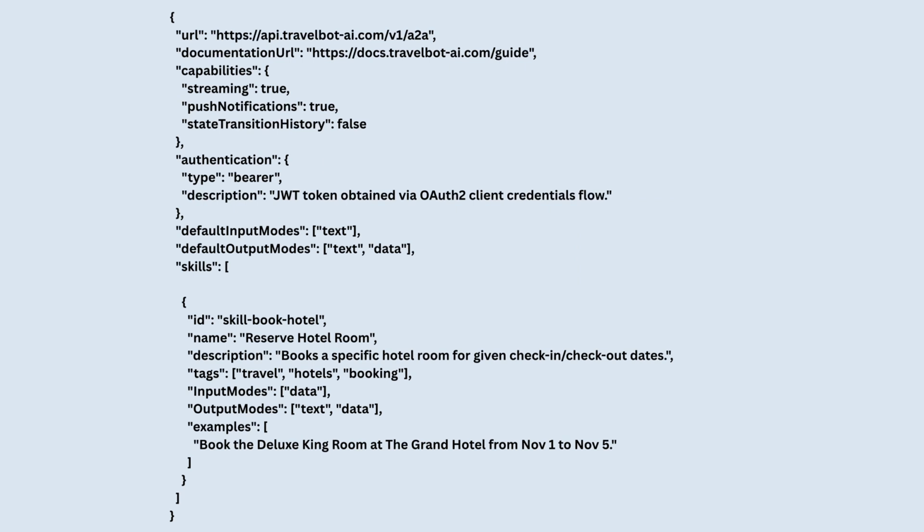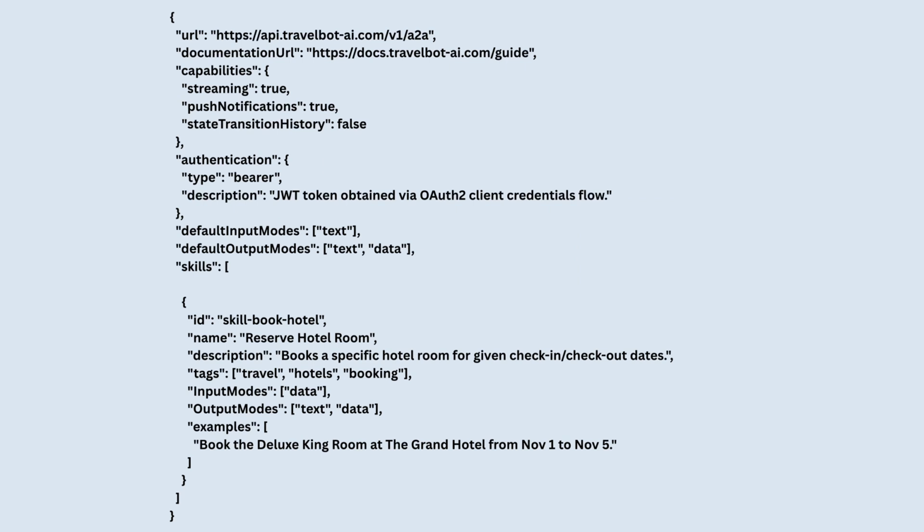the first line is the URL. So this is where you will connect to this agent. Okay. Then the other one is a more detailed description about the agent, the user guide, etc. Then capabilities, whether streaming is available, whether push notification is available. Then what is the authentication type? For example, a bearer token we need to send to authenticate, or it will be something else. Okay.